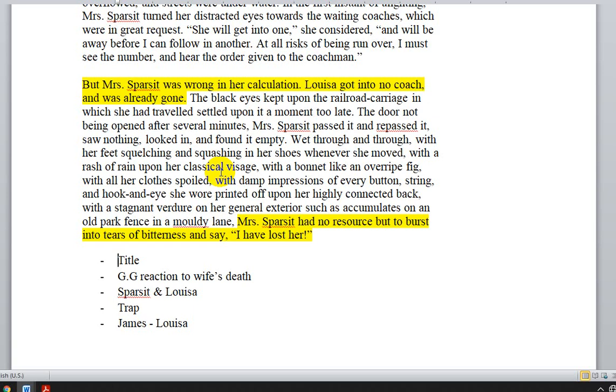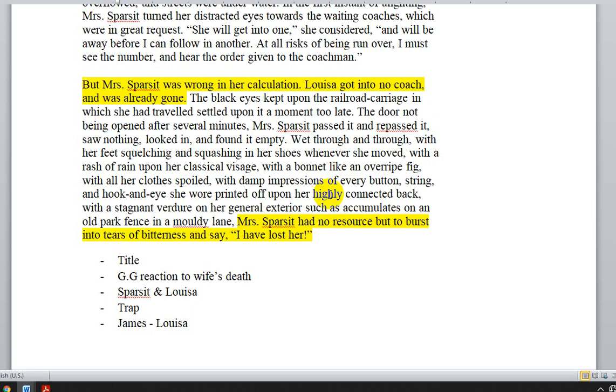They got very close for the first time, but this kind of connection is broken down when Louisa left the house and took a train and moved somewhere, to Coketown or to some other place, because Sparsit lost her at the end of the journey. So it all shows how they are very close to each other now, and at the end of the chapter Louisa traveled somewhere.